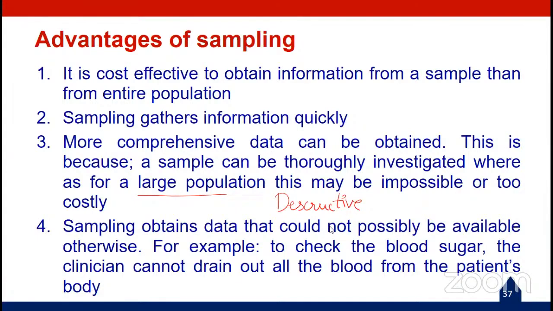We can't think of destroying all the units in a population. So we just take a representative sample, perform the study, and later generalize. Sampling is inevitable if the study is destructive.